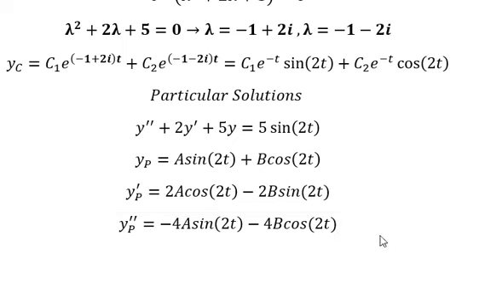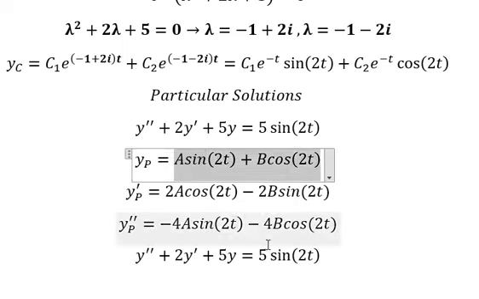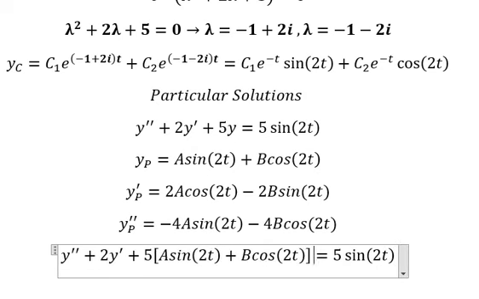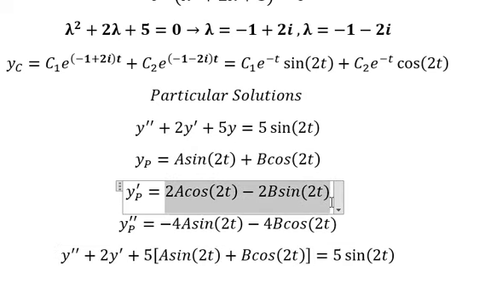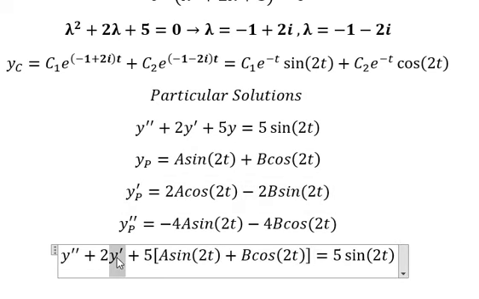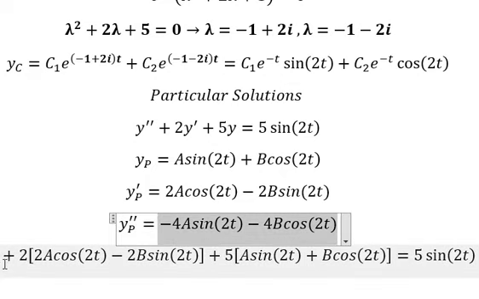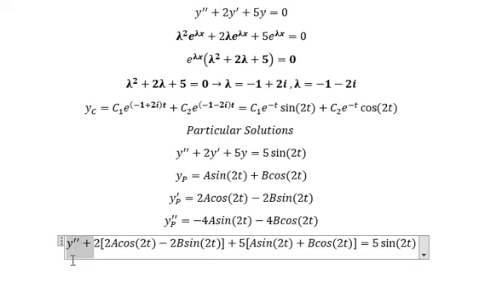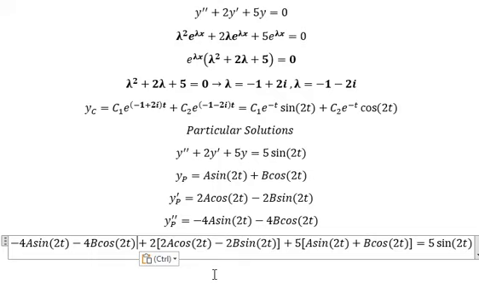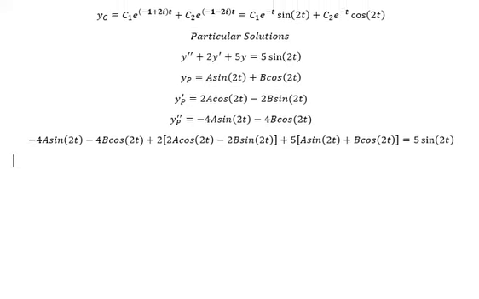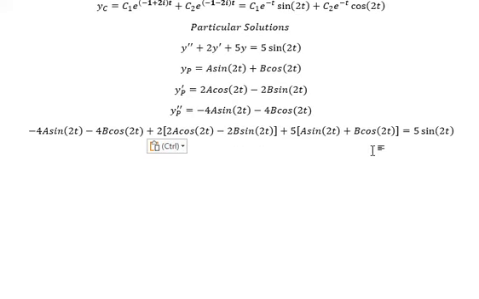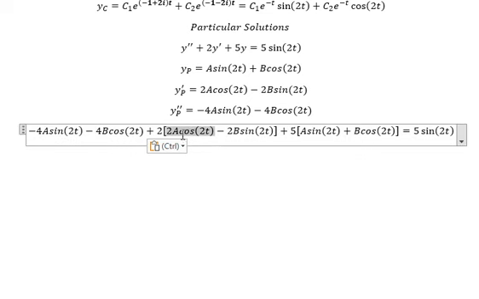Next, I will put this one go in here, this one go in here, and the last one will go in here. Next, we need to arrange based on the terms of cosine 2t and sine 2t.